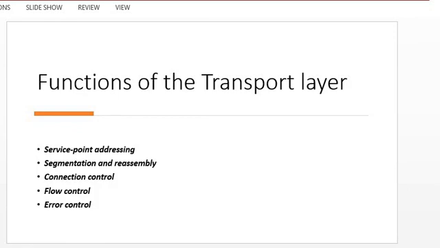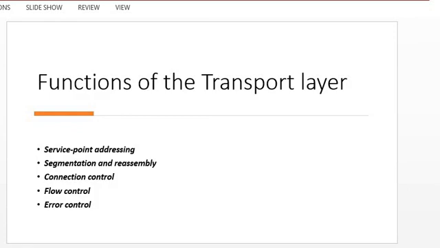However, the error control at this layer is performed on a process-to-process basis rather than across the link. So the transport layer ensures that the entire message arrives at the transport layer at the other end without errors. That is, without damage, without loss, or without duplication.